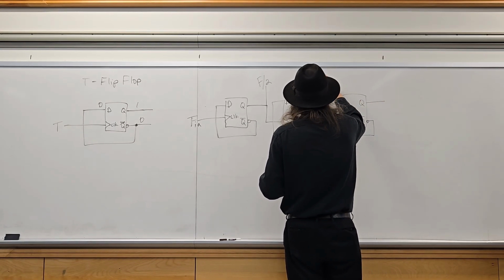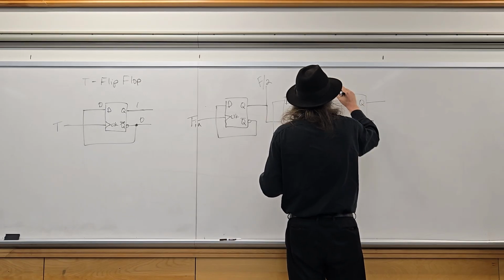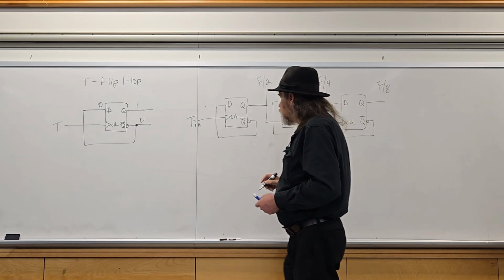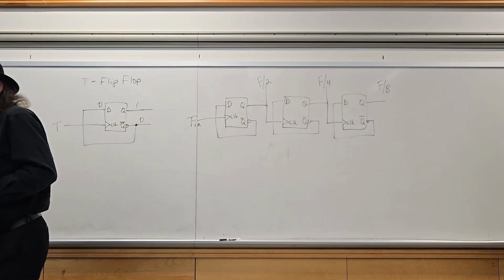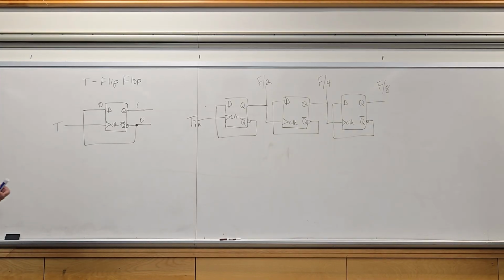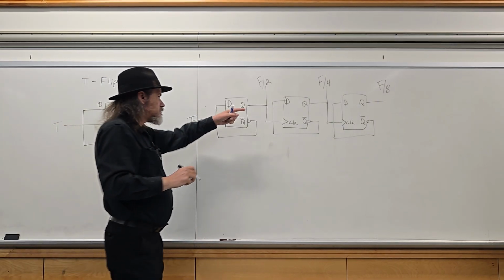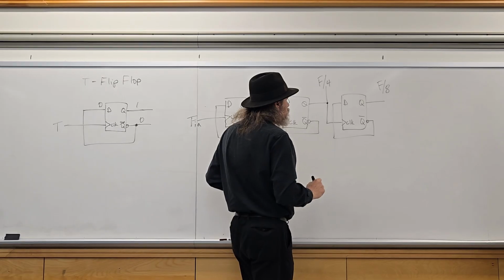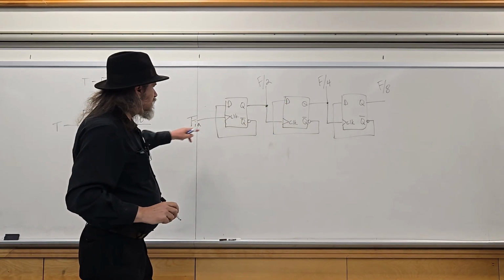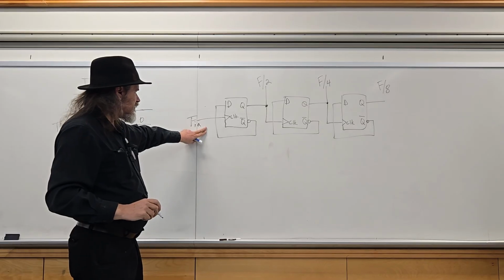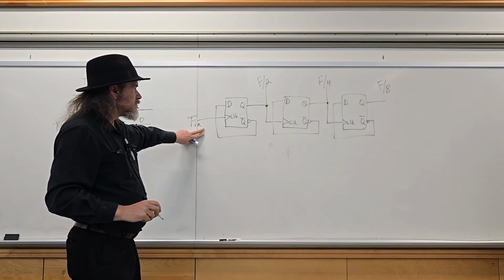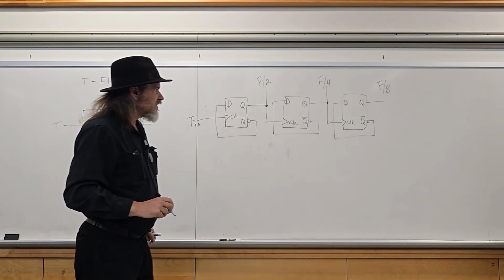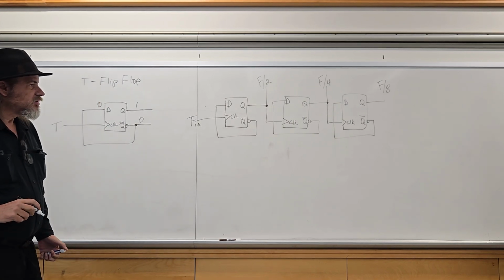The frequency of your clock would be divided by 2 with each stage in the frequency divider. So here it would be half the frequency of the frequency coming in, 1/4 of the frequency, 1/8 of the frequency at the third stage.